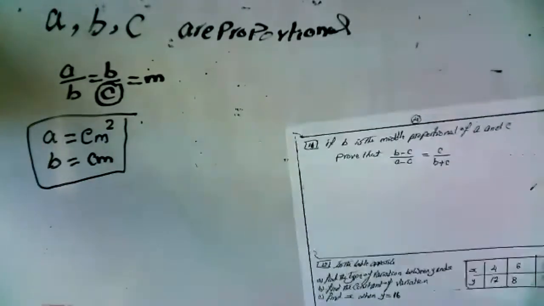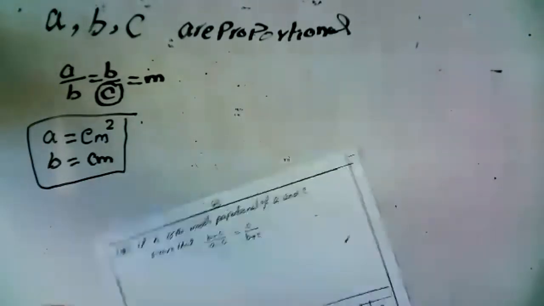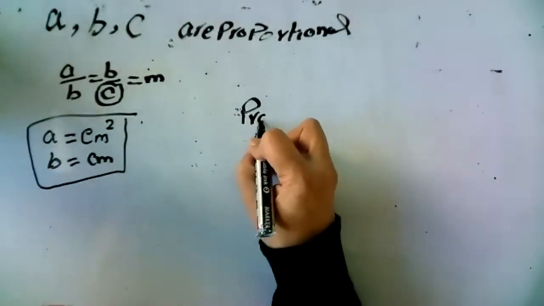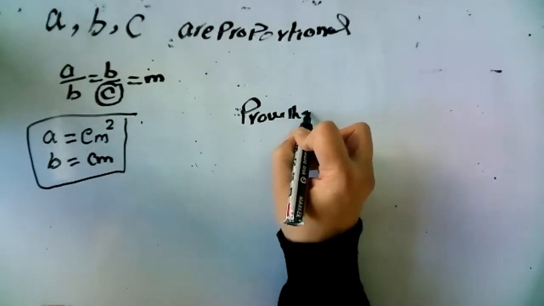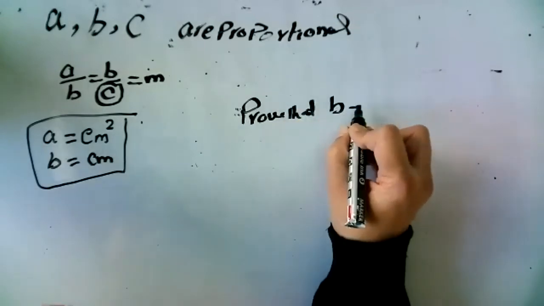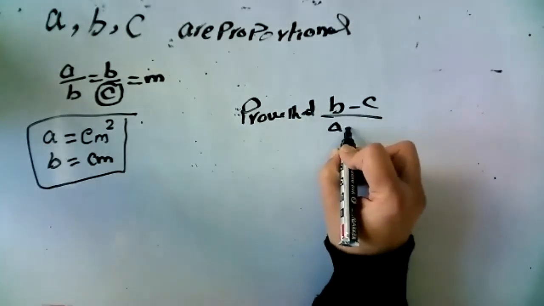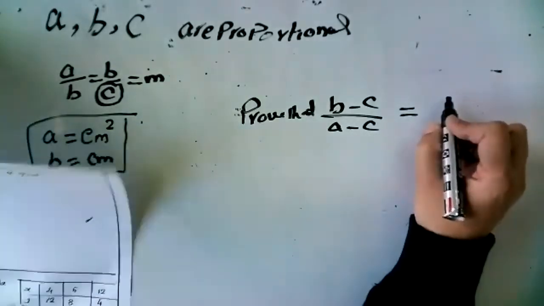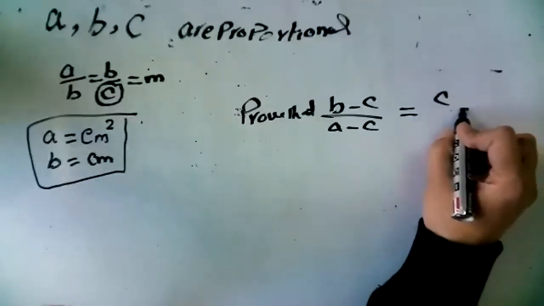The question is to prove that B minus C over A minus C equals C over B plus C.